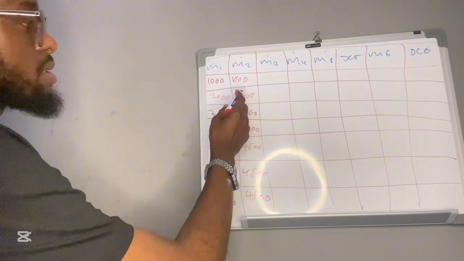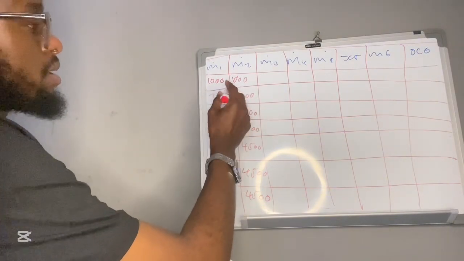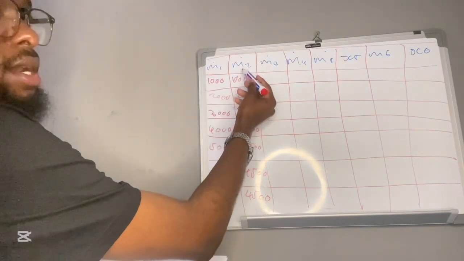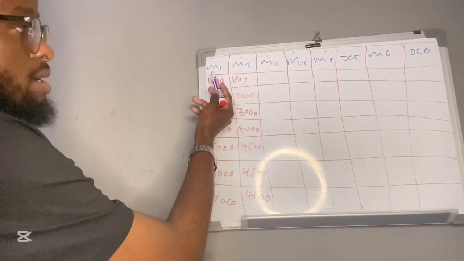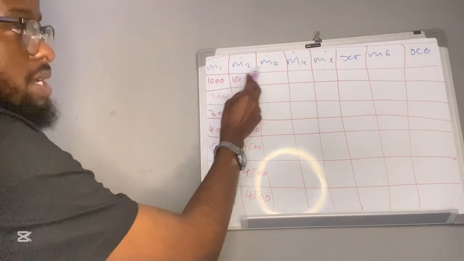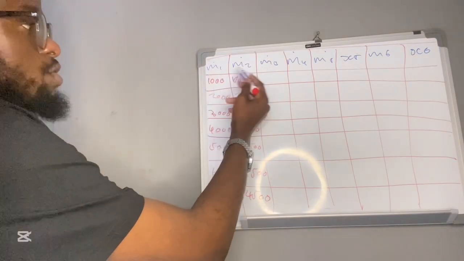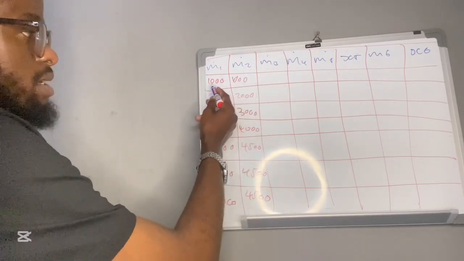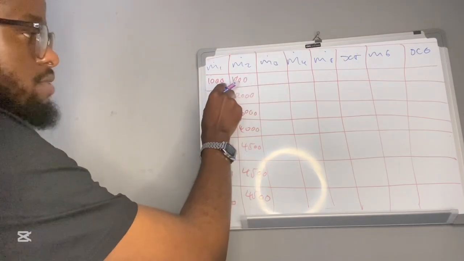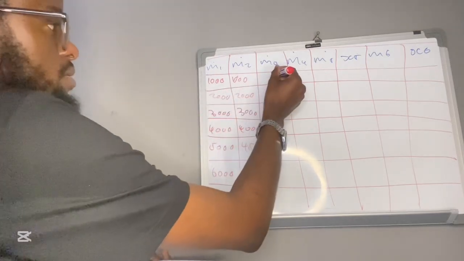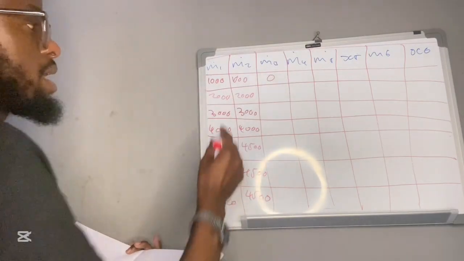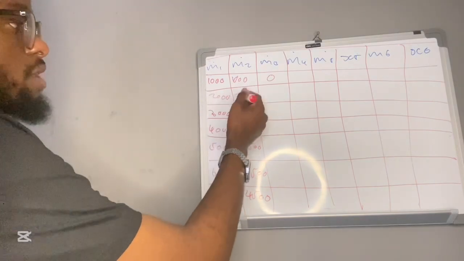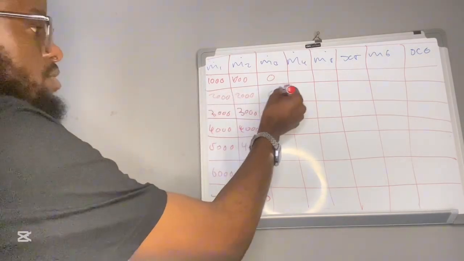So what does the rule say? If you add M2 plus M3, you get M1. So a number that you should add that would give you 1000 here, if we have 1000 there, is 0. A number that you add that will give you 2000, if you have 2000 this side, is also 0.